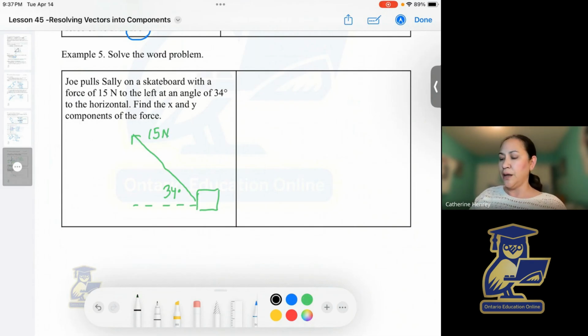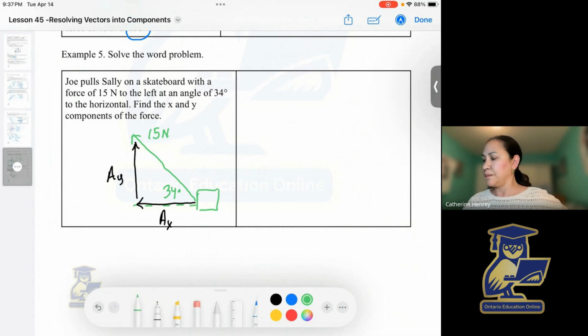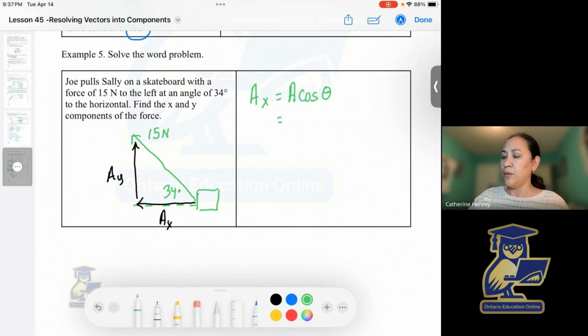We want to find out the x and the y components, ax and ay. To find ax, we are going to use cosine again, magnitude of the vector times the cosine of the angle, which in this case is 15 times the cosine of 34 degrees.